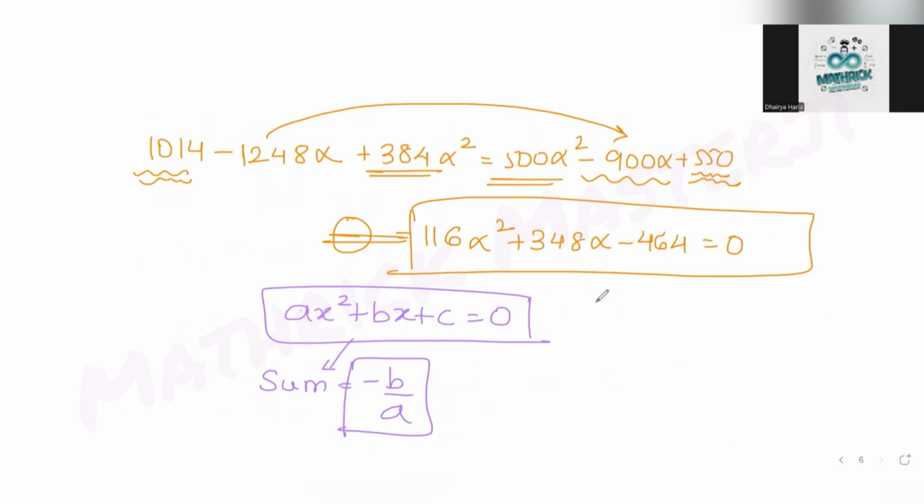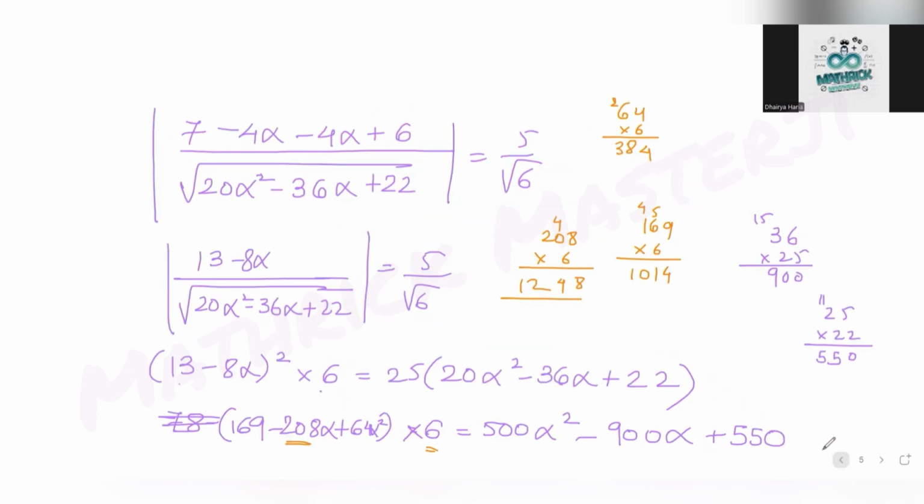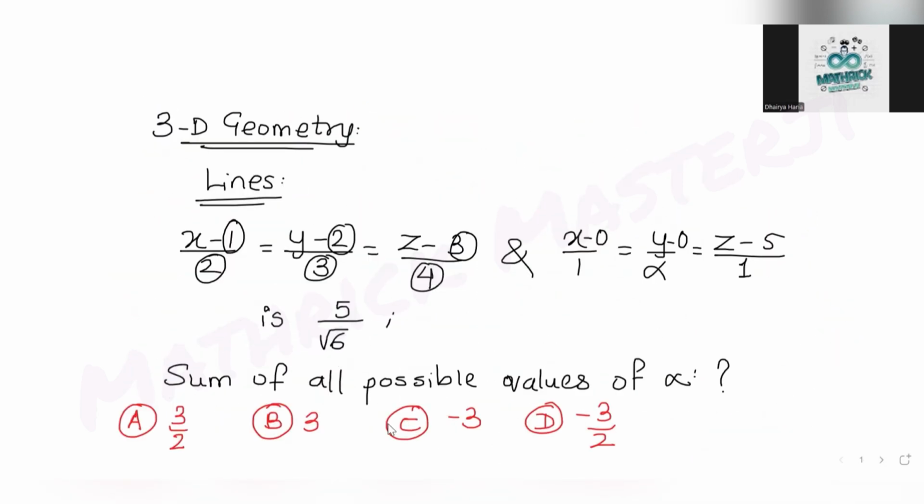So if I use that here, I get the sum of all possible values of alpha as minus b, so minus 348 divided by a, which is 116. So that leaves you with minus 3. So you get the sum of all possible values of alpha as minus 3, which matches with which answer choice? C. So C becomes the correct answer for the question.